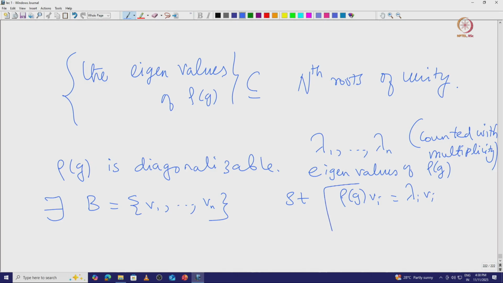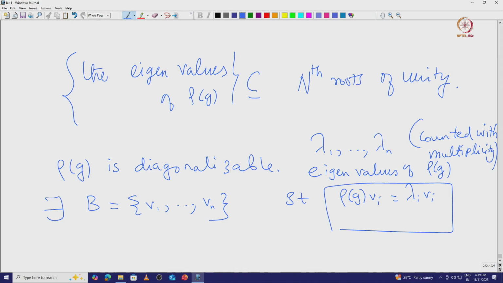Now we have a very explicit action of rho of g on this basis v i, which is given by lambda i. So, if we understand these eigenvalues, of course up to reordering, and anyway we only talk about its action on the basis, we do not need to worry about the order, if we understand this multiset, that is the set of eigenvalues lambda 1 etcetera lambda n counted with multiplicity, then we understand the action of rho of g on this given vector space V.